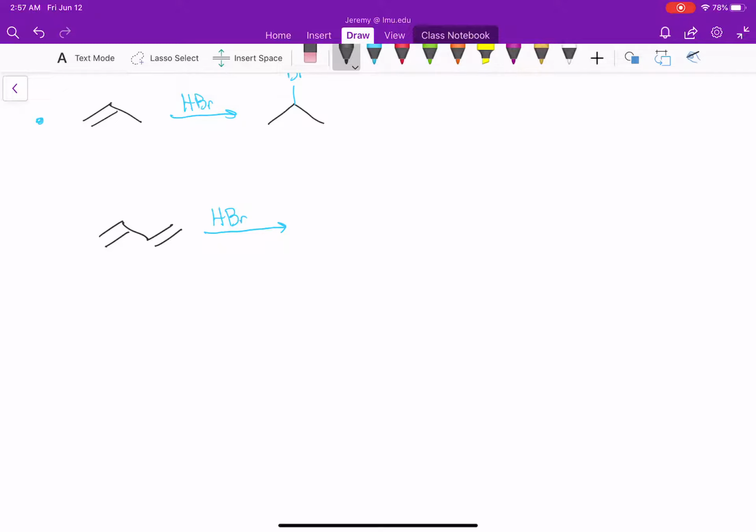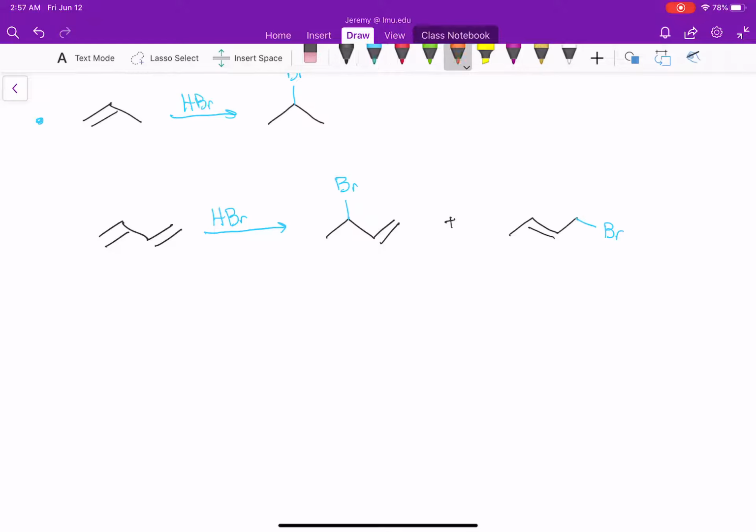And it turns out when you do this reaction, you can form two products. So let's just draw both of the products that we can form here. These are the two products that we can form.